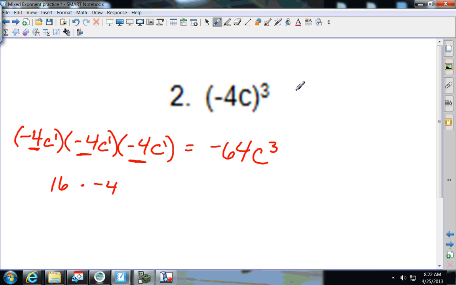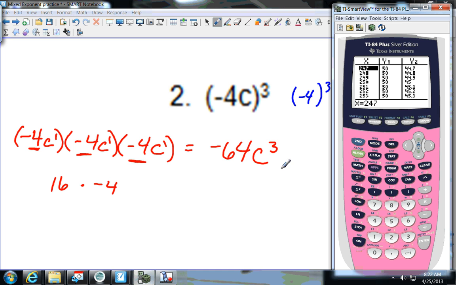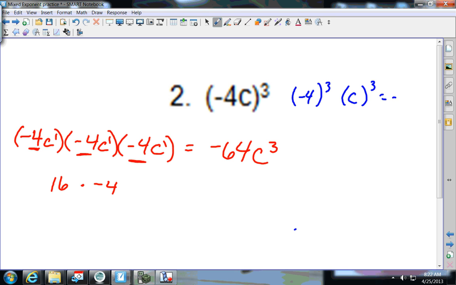That's the same up here as writing negative 4 to the third power times c to the third power, which negative 4, if you put in the calculator, make sure you put in parentheses, negative 4 caret 3 to the third power, enter, it'll give you negative 64. So that's again negative 64 c to the third.